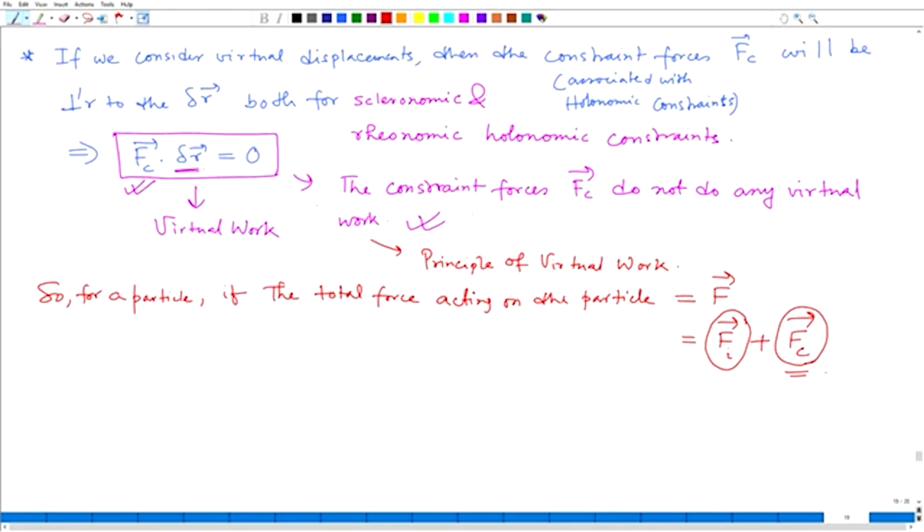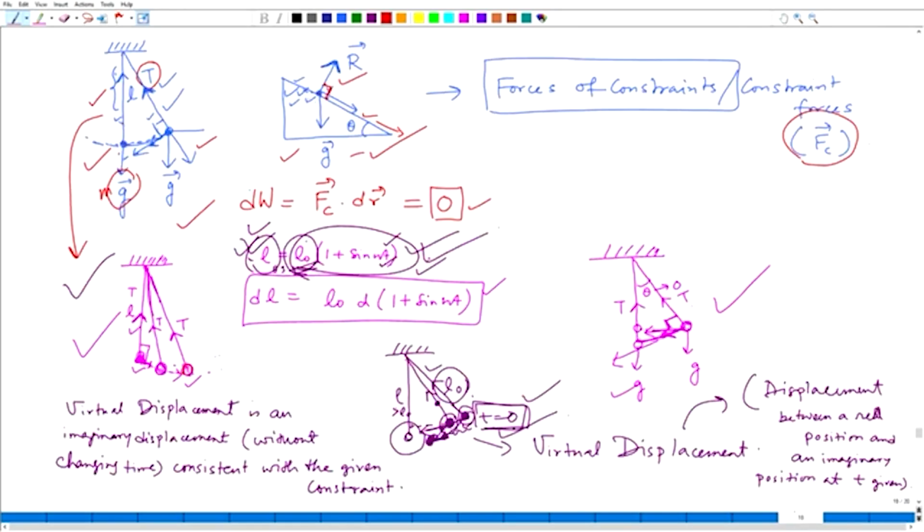So, if for a particle you can somehow distinguish F I and F C, then you can have some simplification, we will see in 1 minute. Before that, I am also trying to say what F I and F C are for this particle moving on an inclined plane.